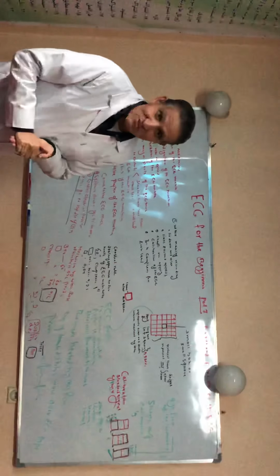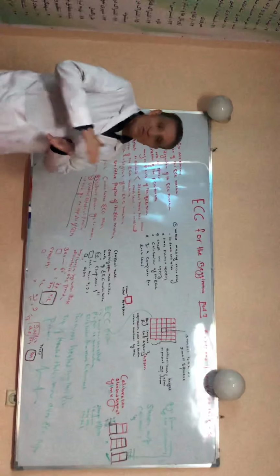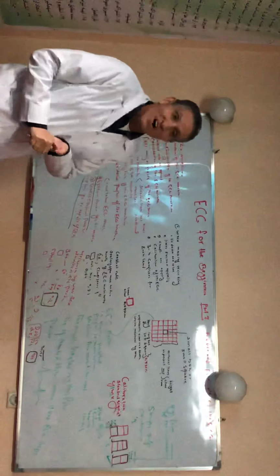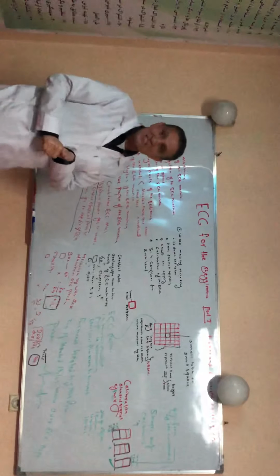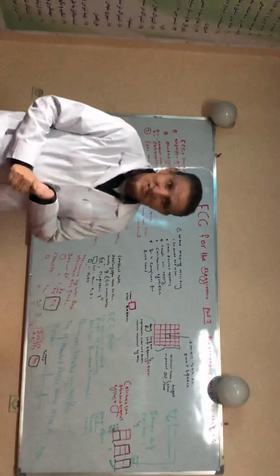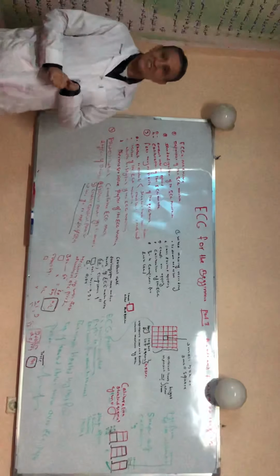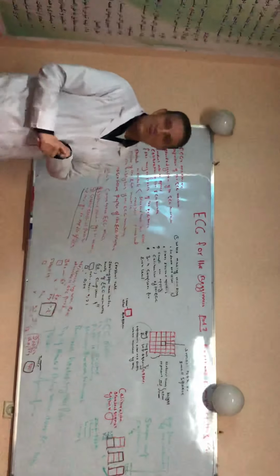Or in other words, 5 large squares which represent 25 millimeters move under the stylus of the ECG machine within 1 second. Or 1 large square moves under the stylus within 0.2 seconds. Or even a small square moves under the stylus within 0.04 seconds.